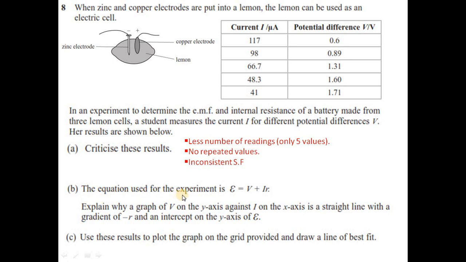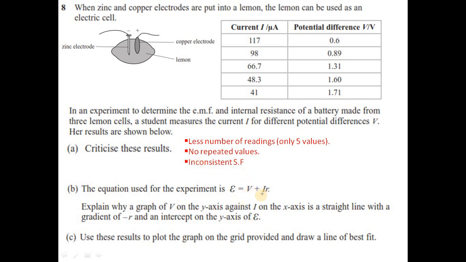The equation used for this experiment is E = V + IR. Explain why a graph of V on the y-axis against I on the x-axis is a straight line with a gradient of minus R and an intercept on the y-axis of E, or EMF.